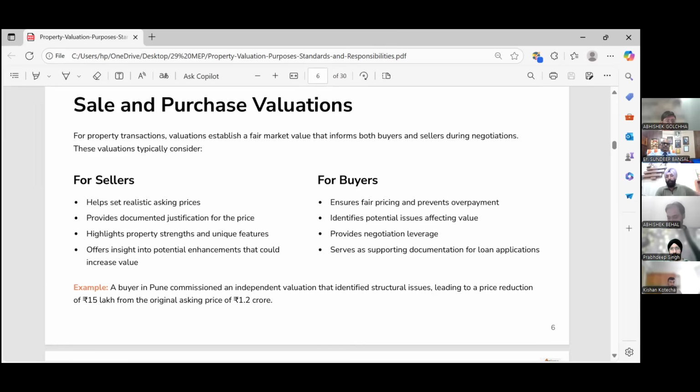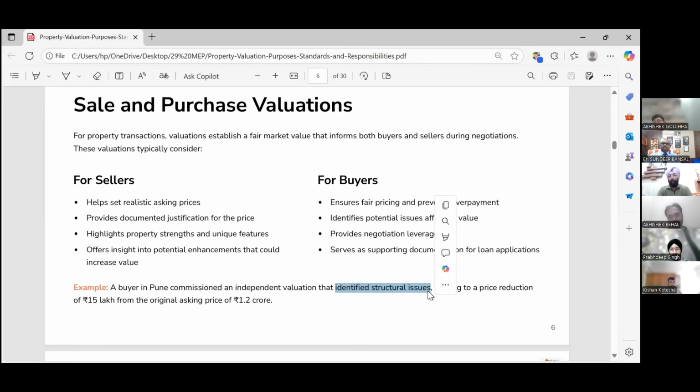For example, a buyer in Pune commissioned an independent valuation that identified structural issues, leading to a price reduction of 15 lakh from the original asking price of 1.2 crore. See here what your duty is and how that valuer helped the buyer save 15 lakh by helping him identify structural issues.